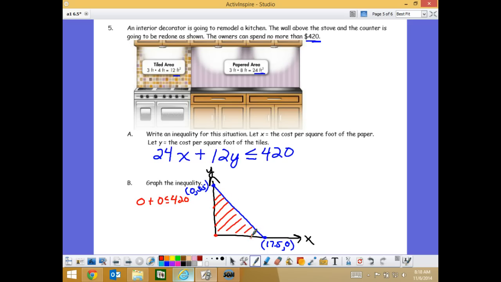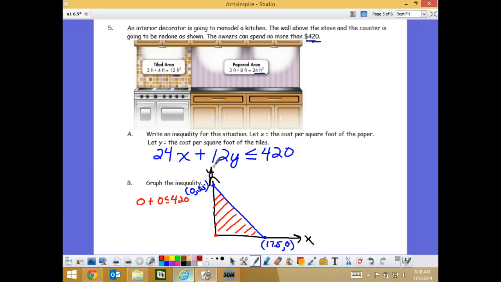And then to answer part C, you can pick any points either on this line or down here. Now, one thing I will comment on, and I'll leave C up for you to answer. You should be able to answer part C on your own. Just pick any points within this shaded region that would make this inequality true.